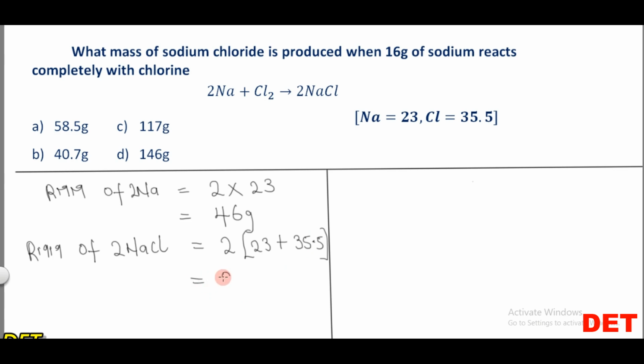So this will be 2 times, open bracket, 23 plus 35.5, which gives 58.5. Then 2 times 58.5 will be equal to 117 grams. So now we know the mass of these 2 molecules of sodium, and also the mass of these 2 molecules of sodium chloride.